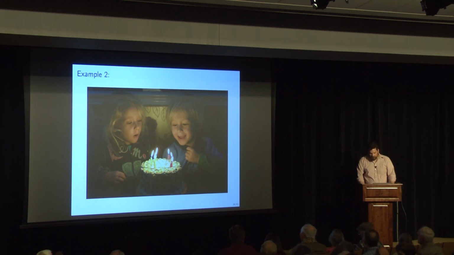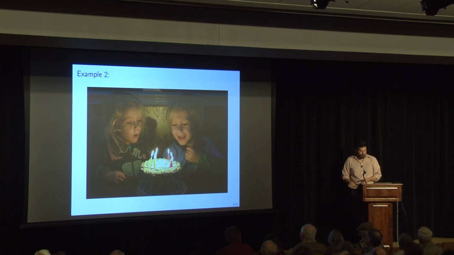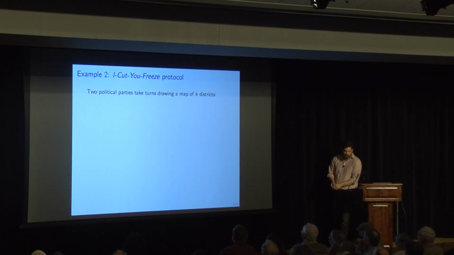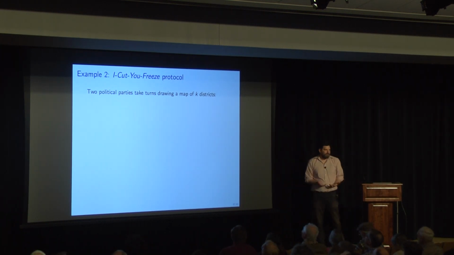Recently, some folks figured out how to transfer this trick to the redistricting problem. This solution for cake is called I cut, you choose. For redistricting, it's going to be I cut, you freeze.